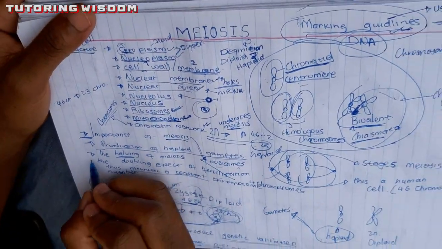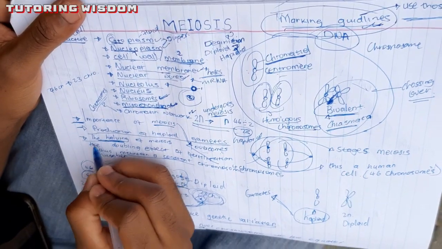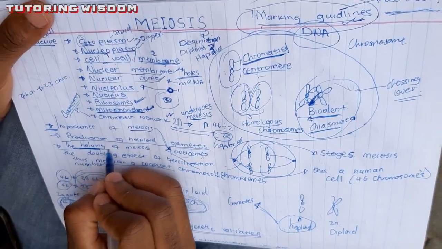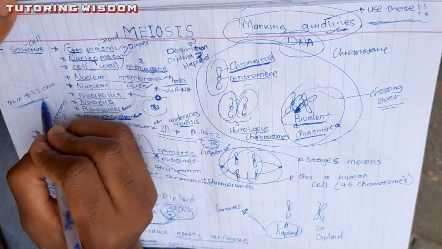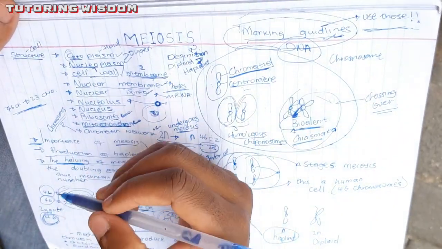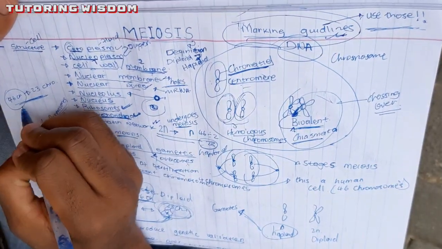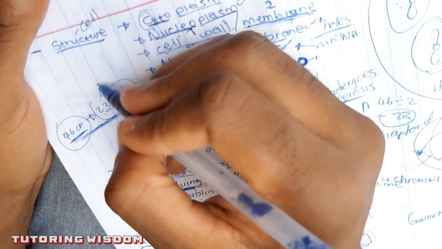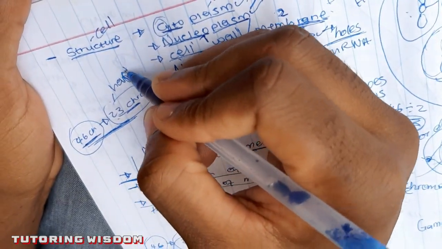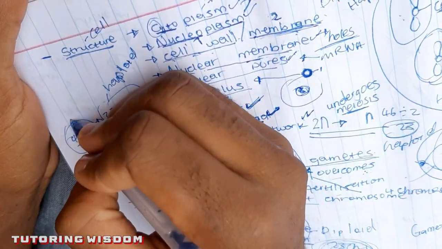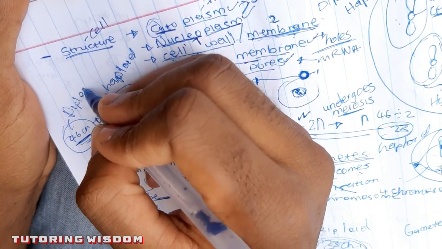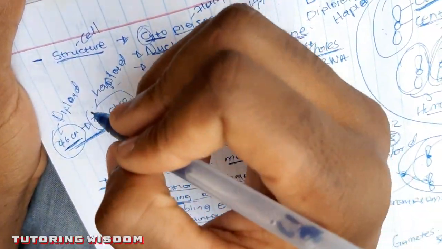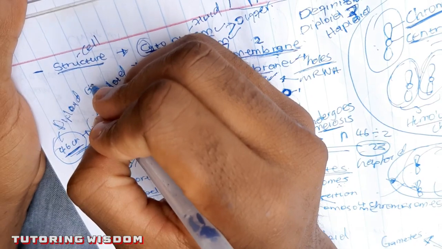The next importance is the halving effect of meiosis, which we talked about a second ago: it halves the 46 chromosomes to 23 chromosomes. Remember, this is haploid and this is diploid. This tells you that all gametes are haploid.